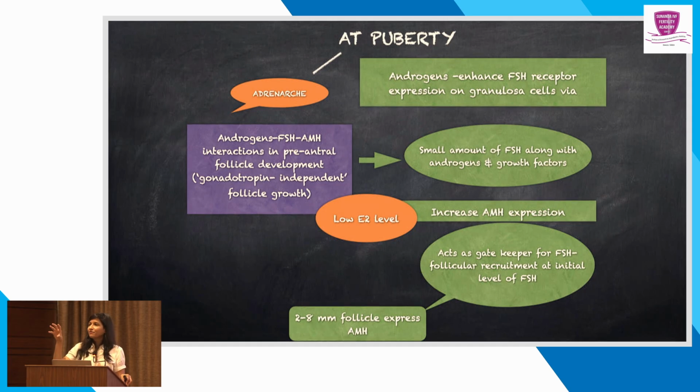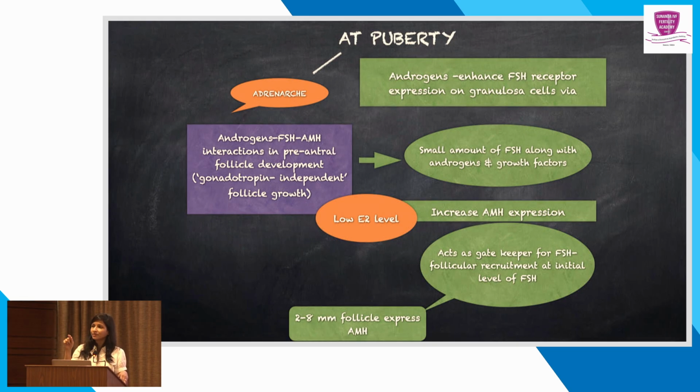All the follicles will be having FSH and LH receptors. So there will be an interplay of this androgen with FSH, and AMH interactions will be there in pre-antral follicular development. Now these androgens are going to enhance more FSH receptors on these primordial follicles.